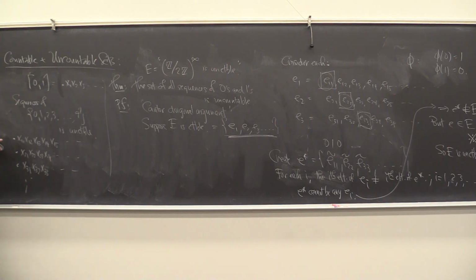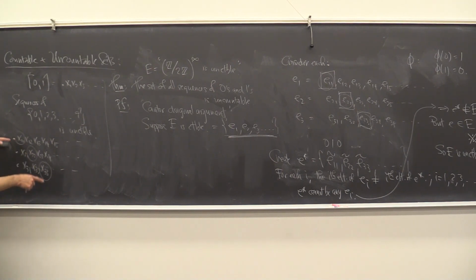And supposedly that list contains all the numbers between 0 and 1. But I'm going to create a number that isn't on the list. The way I'm going to do it is I'm going to look down the diagonal, and whatever the number is here, I'm going to choose something that's different from it. If this is a 1, I can choose anything as long as it's not a 1. Whatever this is, I can choose anything as long as it disagrees with it.